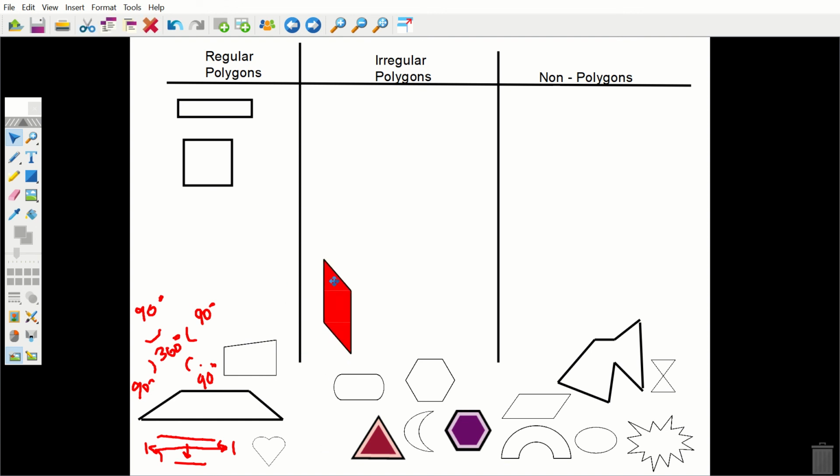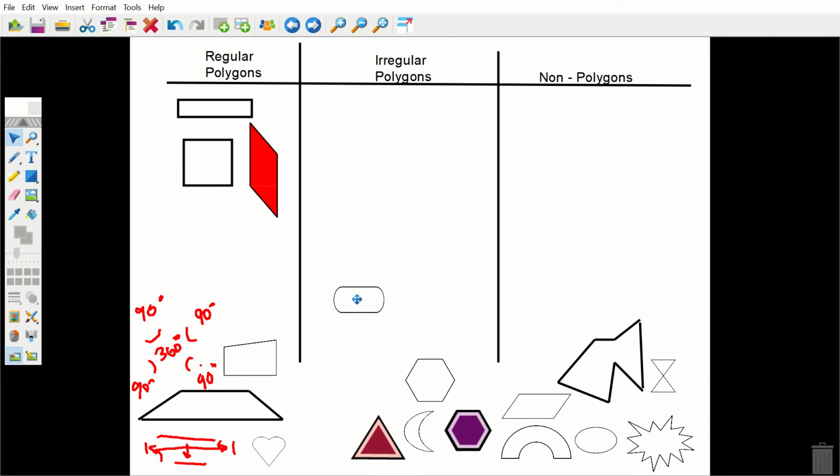If we look at this parallelogram here, you can tell that the opposing sides are equilateral right here. And these opposing angles, you can't tell with 100% certainty without measuring, but you can be fairly certain by looking that they're equiangular. You know it's made of line segments, so it is a polygon, and based on our information, this would be a regular polygon.